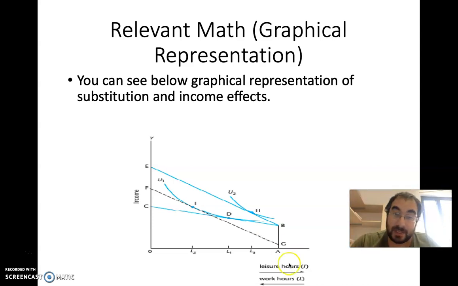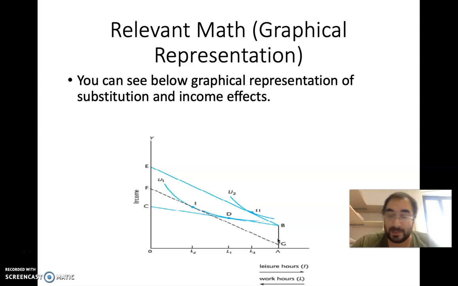Because the wage increase is compensated by a decrease in the non-labor market income, the utility level we can reach remains the same. So this is the case when there is no income effect, but the substitution effect is there, because the wage level is still higher.